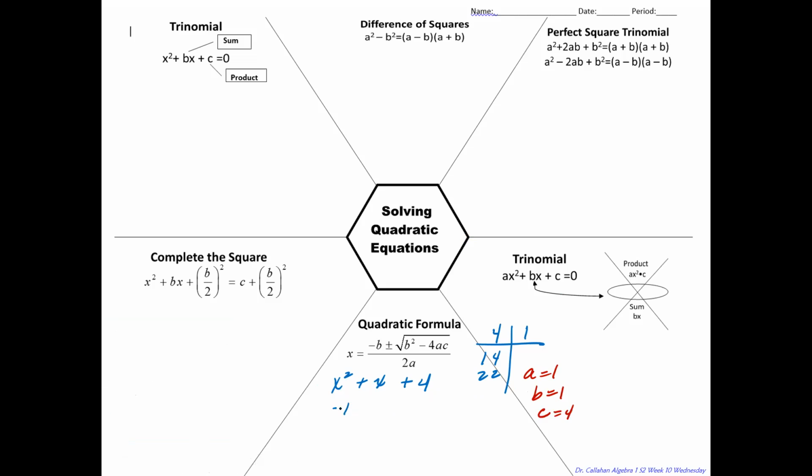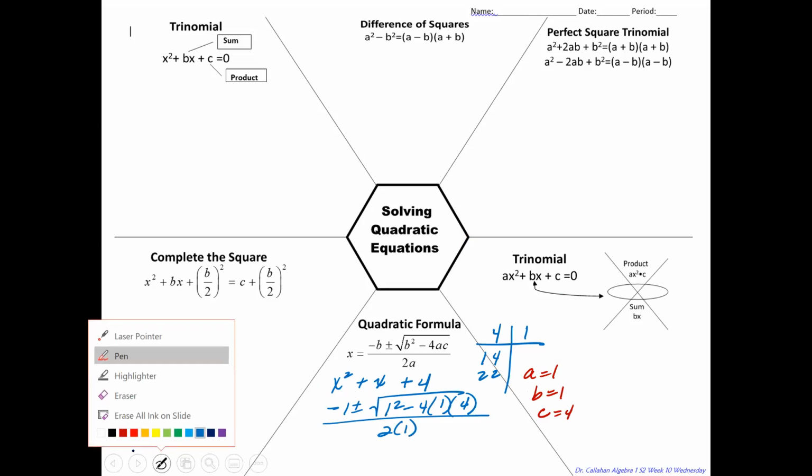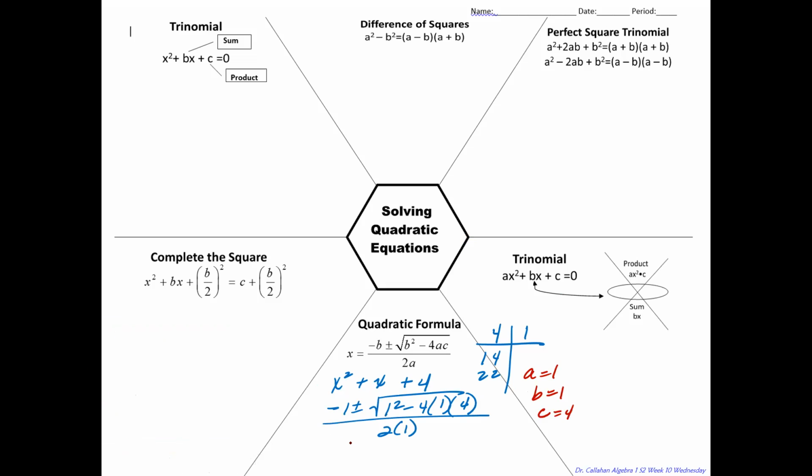So -1 plus or minus the square root of 1 squared minus 4ac, all the way over 2 times 1. So let's go ahead and reduce this a little bit. Plus or minus 1 minus 16 over 2.